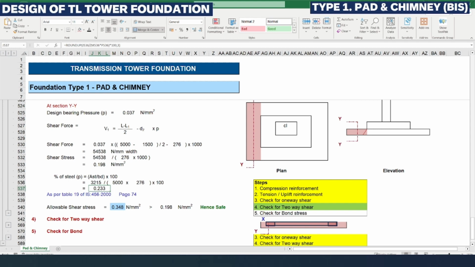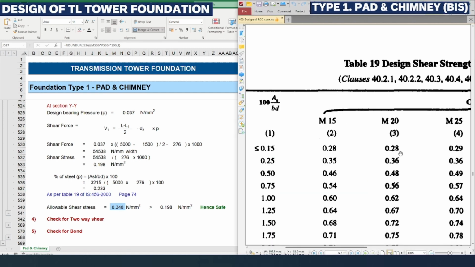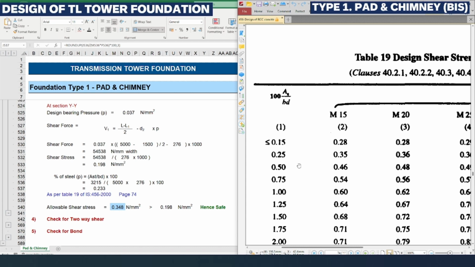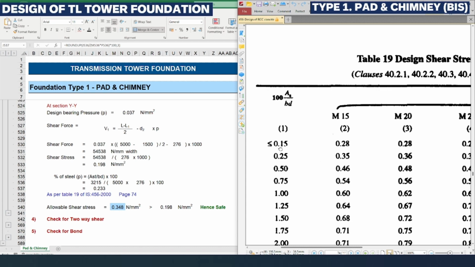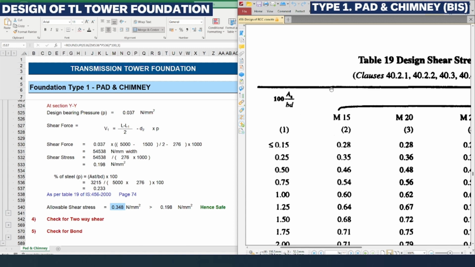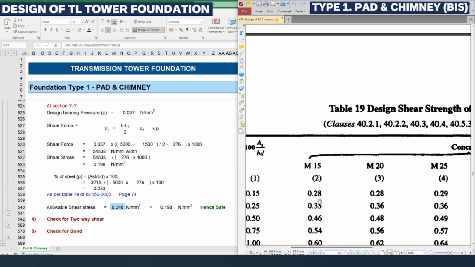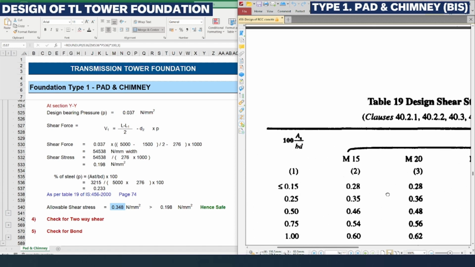Again we need to refer to table 19. For the grade of concrete, in this table 0.25 and 0.15 are the percentages of steel reinforcement, in the right hand side PDF file of Indian Standard 456. Our value of percentage of steel reinforcement is 0.233%, so it is between 0.15 and 0.25.